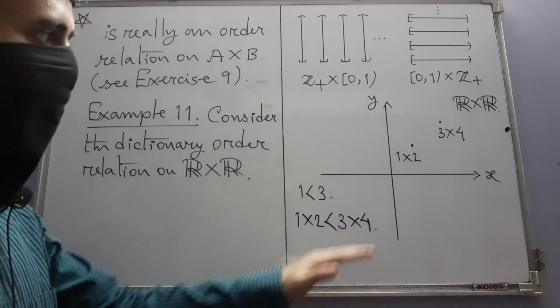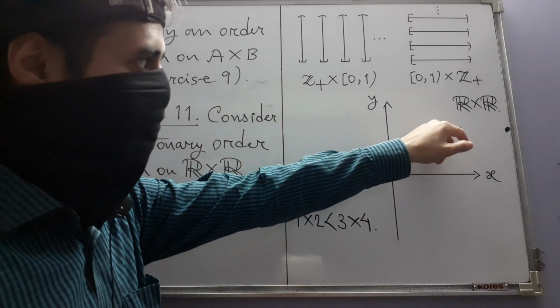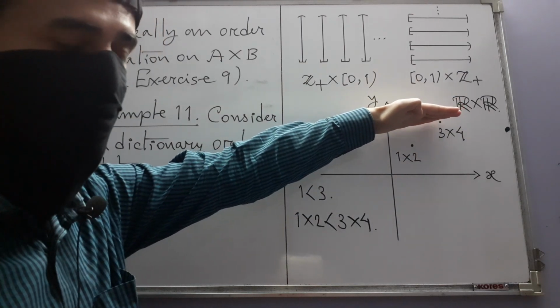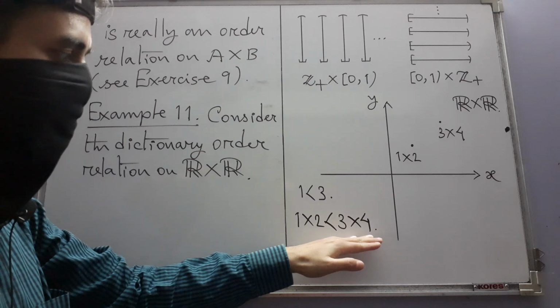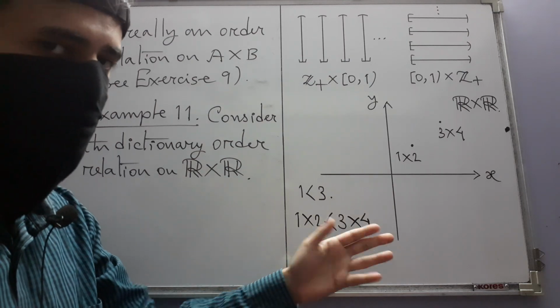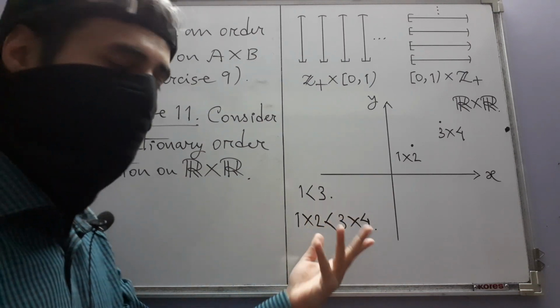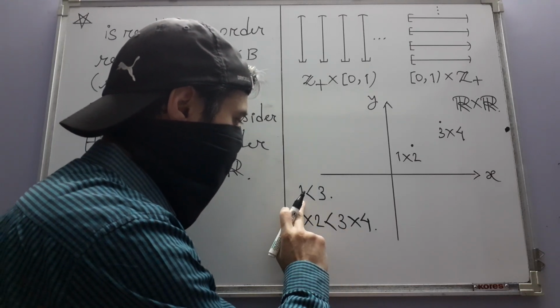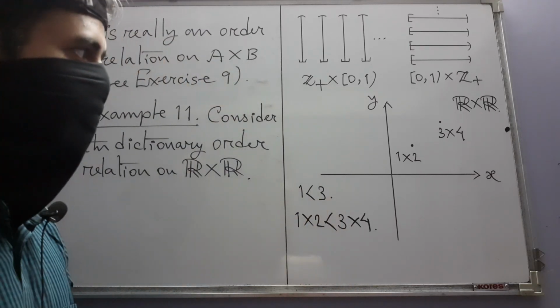It seems as if this point lying at a greater height than this one has some role to play here, but you can see from the definition that's not the case. This thing entirely depends on 1 and 3.